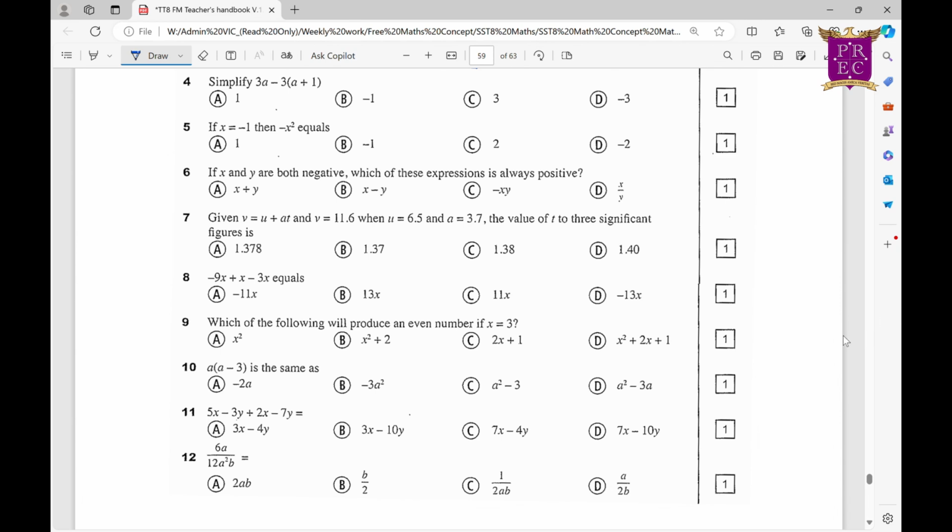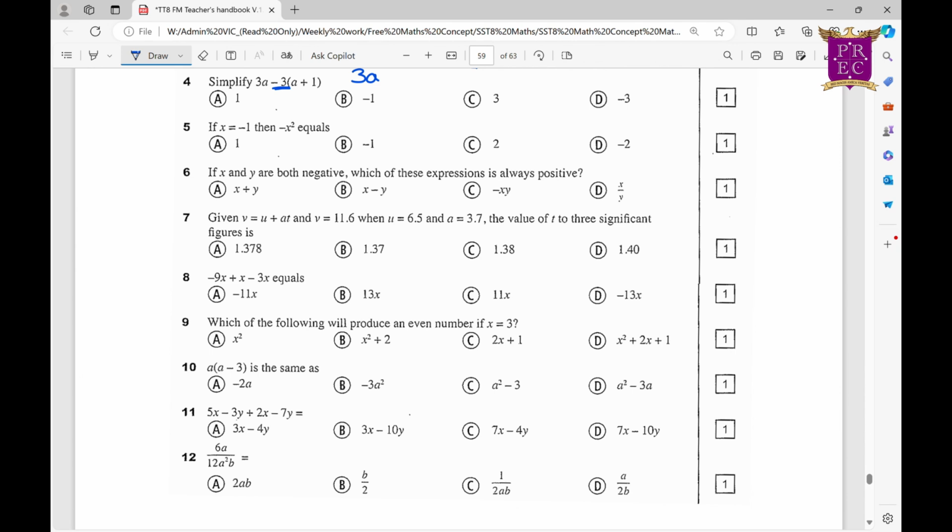Alright, now to simplify question 4, the 3a is left alone, and once again we need to multiply the -3 with the terms in the brackets. Make sure you take note that it is a negative because of the minus sign.